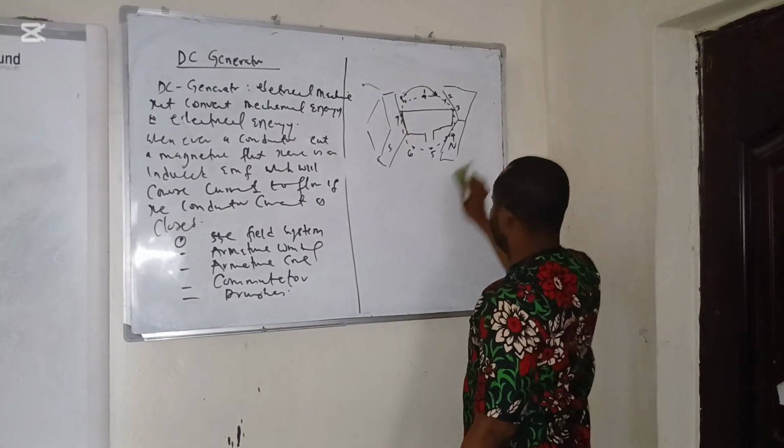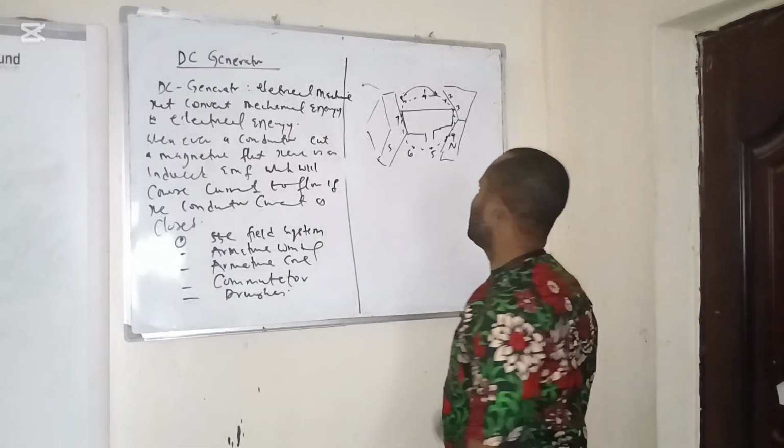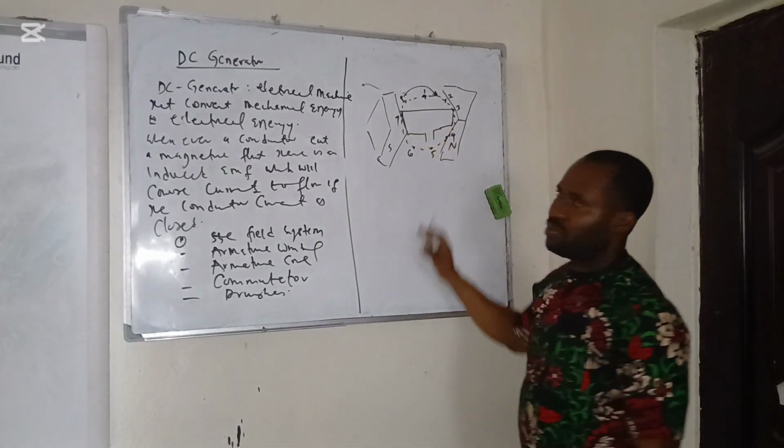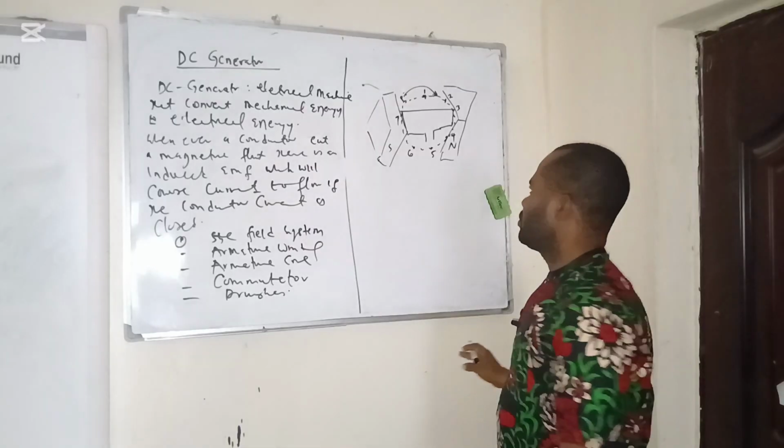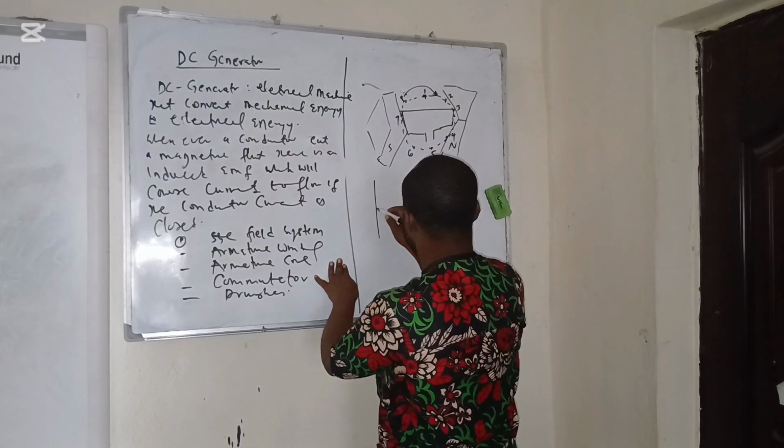So this is how an EMF is induced in the conductor, depending on the angle at which the conductor cuts the flux. We can demonstrate this with a graph.